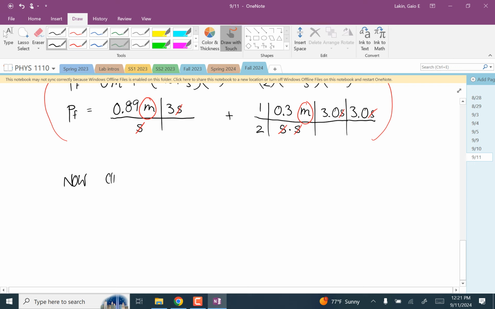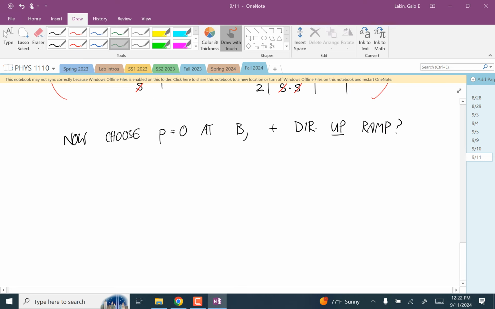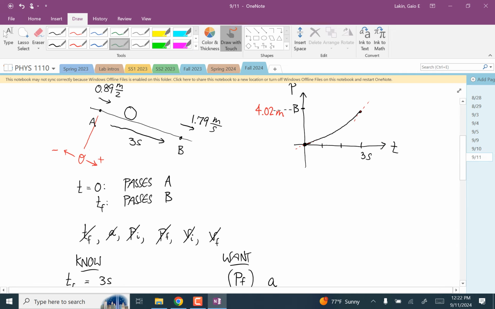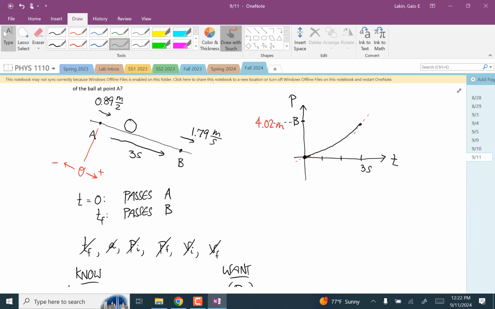So now let's say we choose our zero position at B and our positive direction up the ramp. Does it ask you to do this in this question? Yeah. Okay. All right, well, I'm going to take the same stuff I had before.